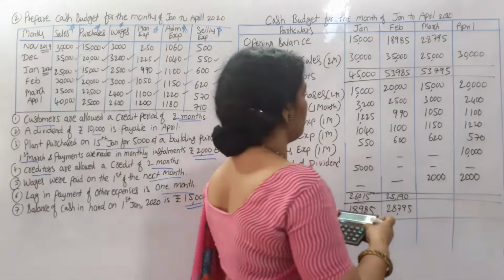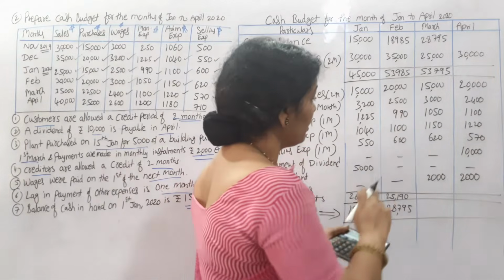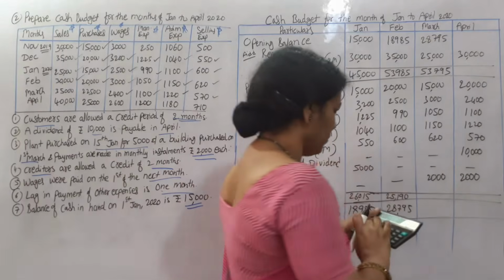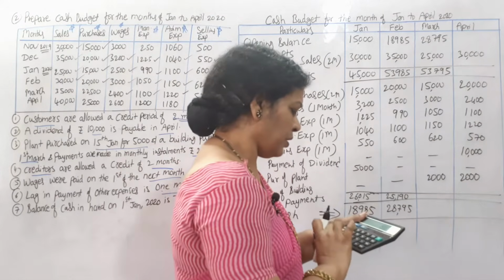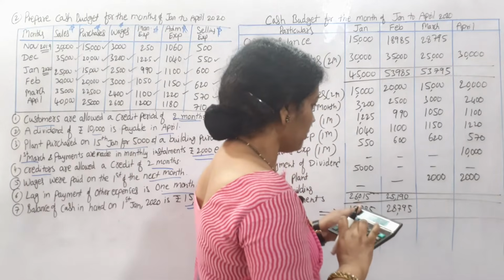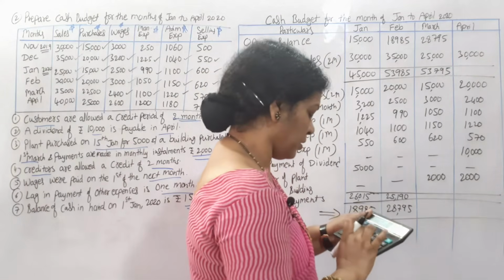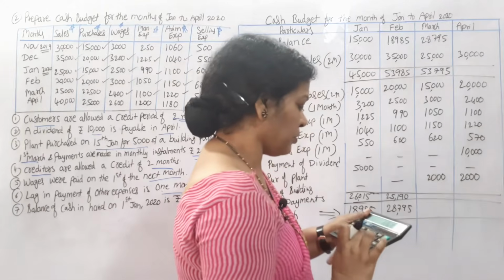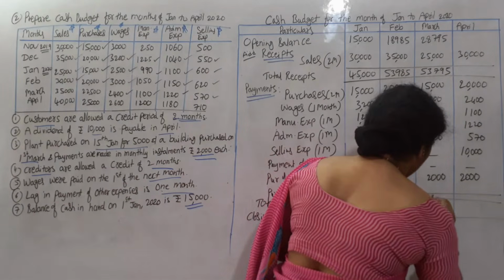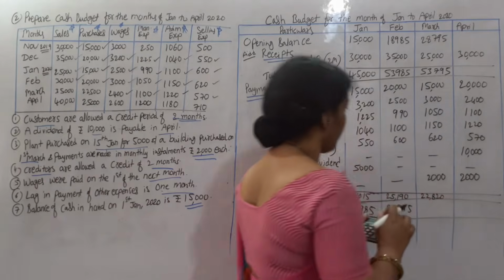Let us see all the payments of this March month. 15,000 means 18,000, 19,050 rupees, plus 1,150 plus 620 means 2,620. Comes to 22,820.